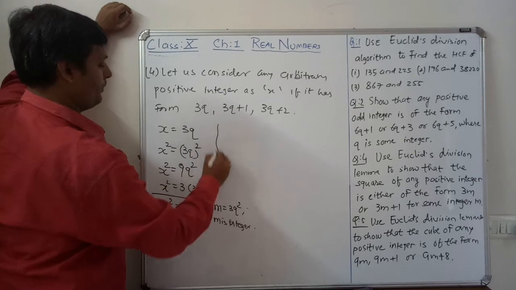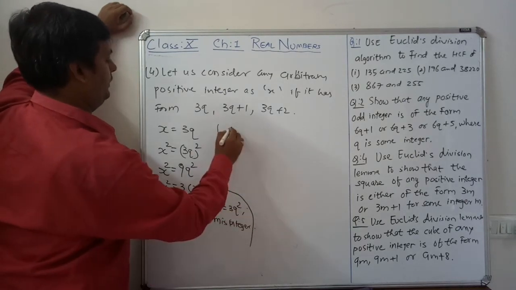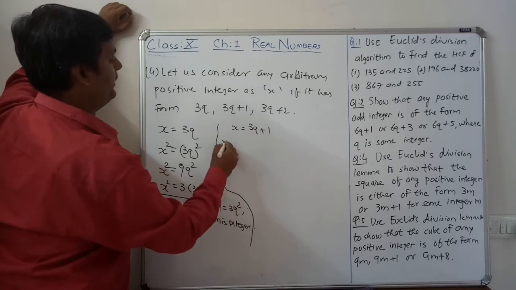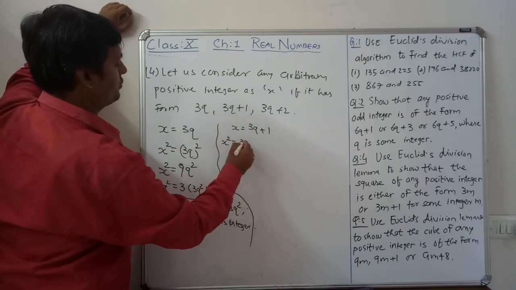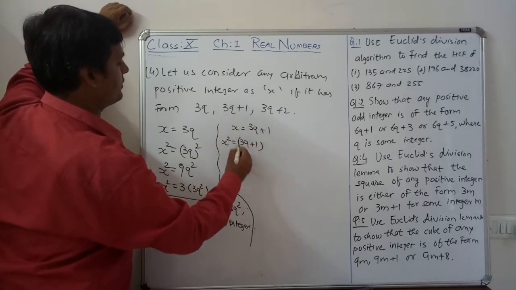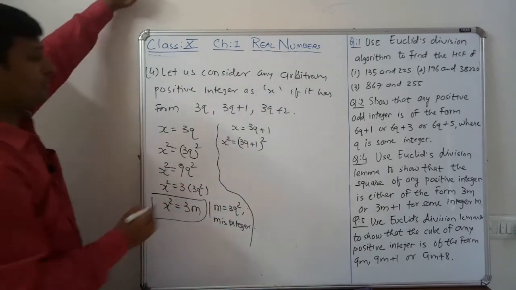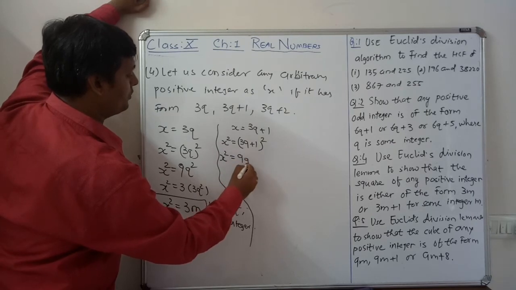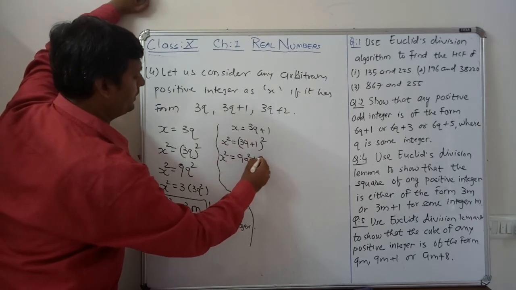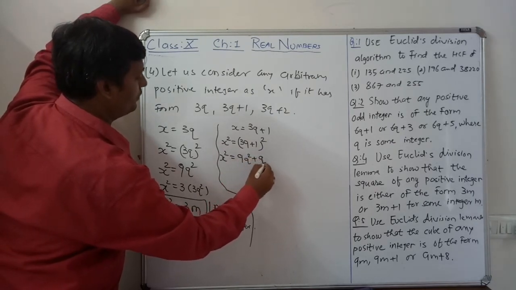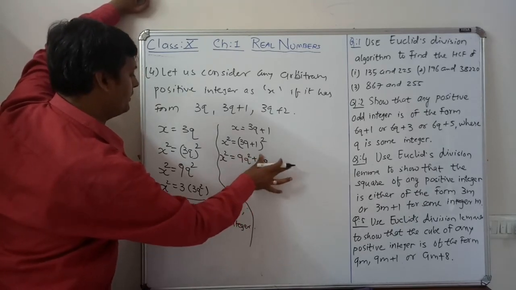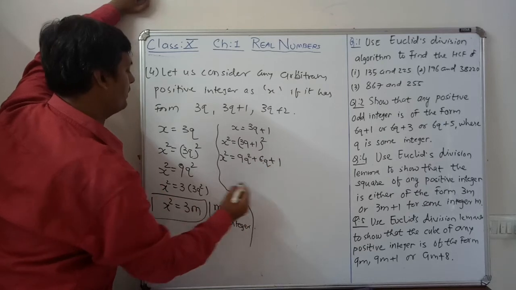Now similarly x is equal to 3q plus 1. Again take the square on both sides. So (3q plus 1) squared, right? Expanding, x squared is equal to 9q squared plus 6q plus 1.